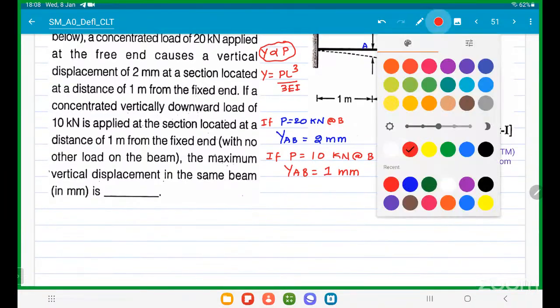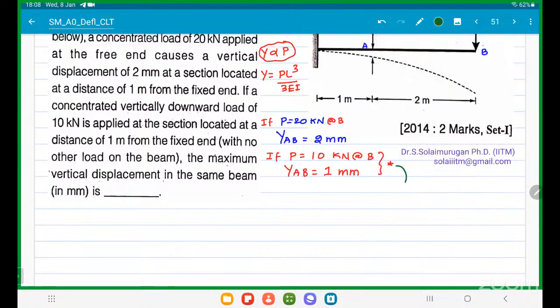Now, from this, directly, can we say that YBA equal to 1 mm? Correct? Yes, right.